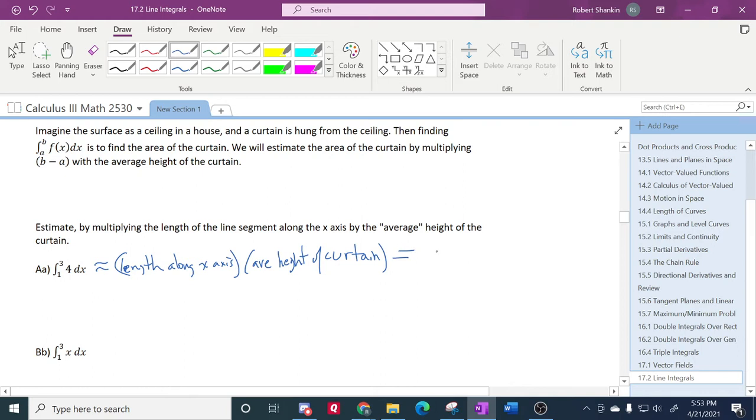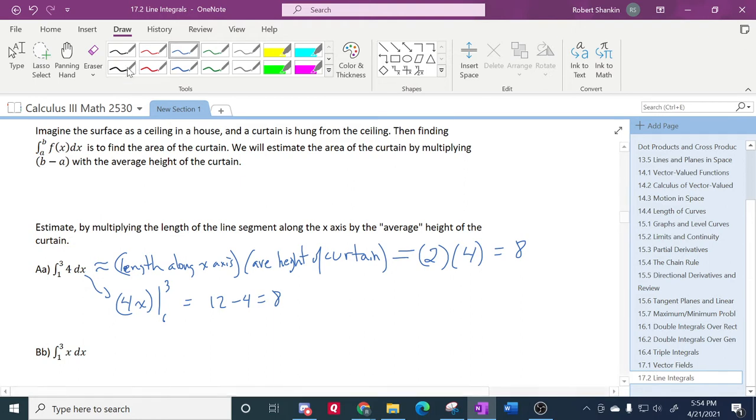Length is 3 minus 1, which is 2. Average height, well, it's always the same height. It's always 4 high, and that's 8. And if we did this integral, we'd get an antiderivative, which is 4x, evaluated from 1 to 3, which is 12 minus 4, which is 8, and it checks.